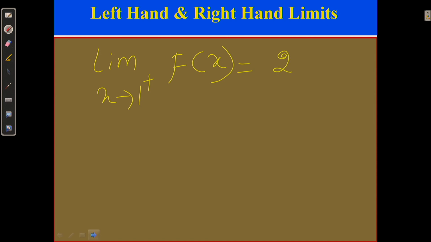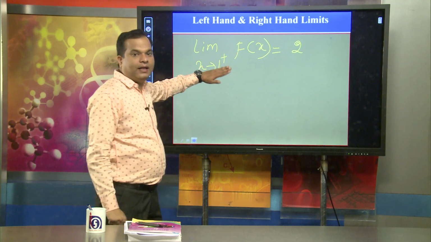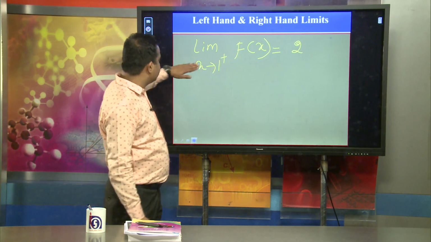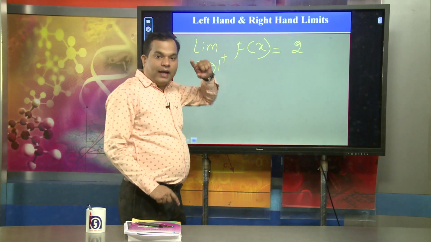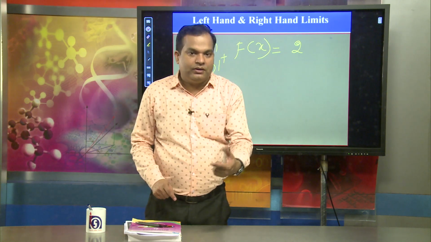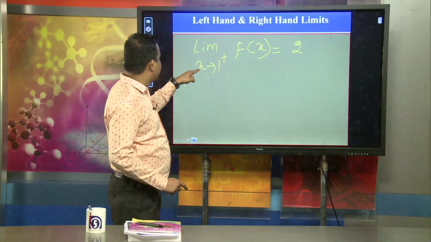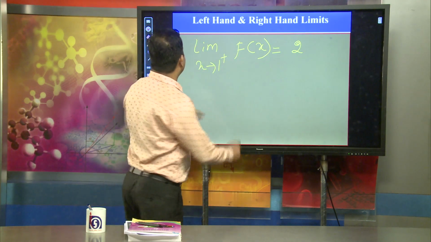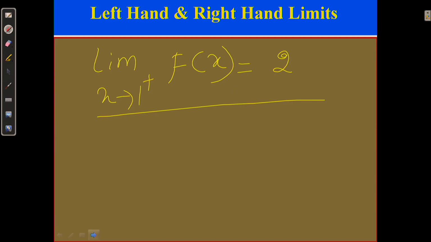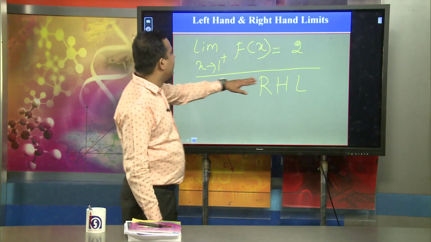That is known as the right hand limit, because when x approaches 1, that limiting value comes from the right hand part. We can say limit x tends to 1 plus f of x equals 2. In short we write RHL, right hand limit.